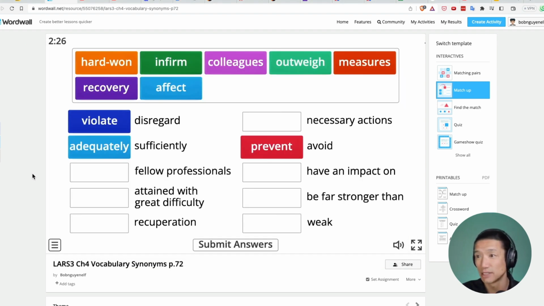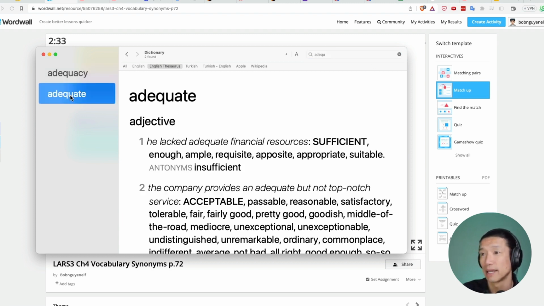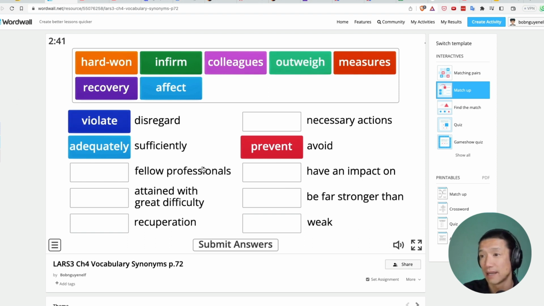Sufficiently. I don't want to use adequate. There's also sufficient, ample, requisite, appropriately, suitably. Insufficient would be our adverb. Inadequate. Okay, inadequately.